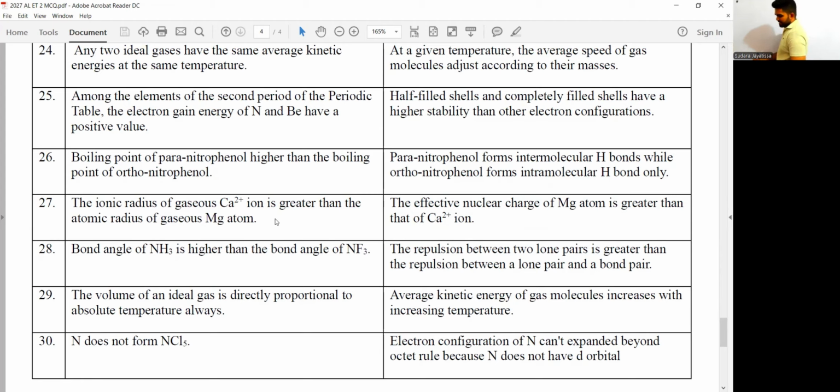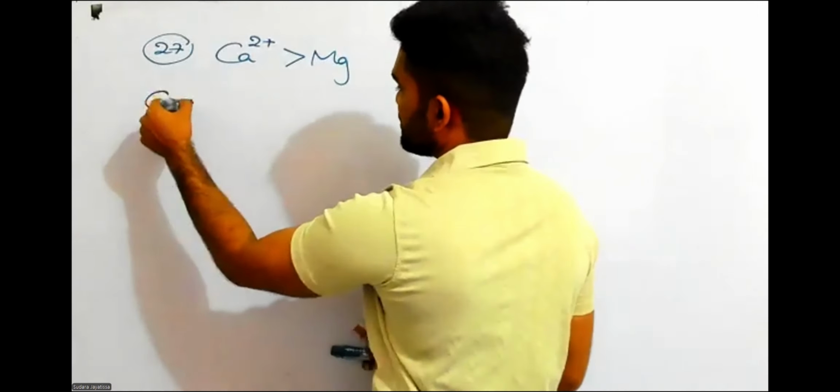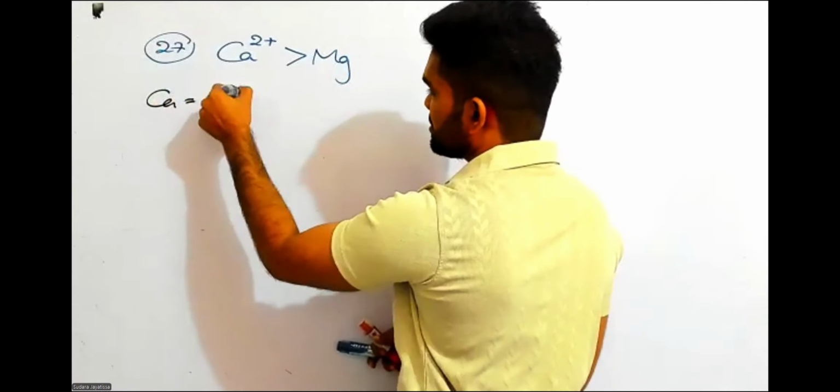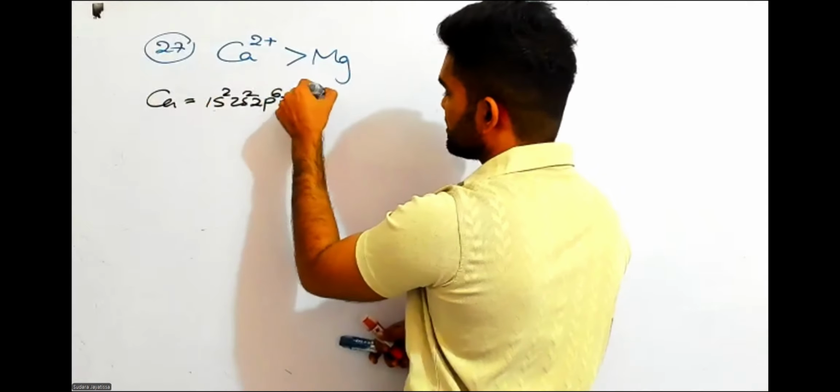Ionic radius of the gaseous calcium 2+ ion is greater than the gaseous magnesium atom. Okay, so is it correct? Now if you take calcium, the electronic configuration is 1s2, 2s2, 2p6, 3s2, 3p6 and 4s2.